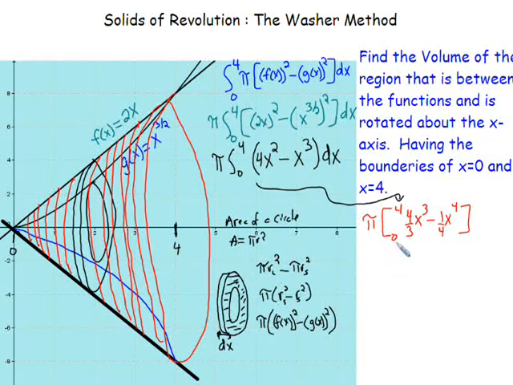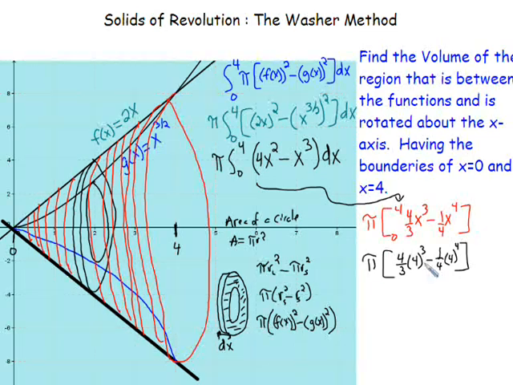So now I have to introduce the limits. Now when I introduce the limit of 0, which is the second thing that I do, it's going to end up becoming 0, so I don't have to worry about that. So first and only I want to just introduce 4 in there. So we get 4 to the 3rds right there, and then we have 4 to the 4th right here.